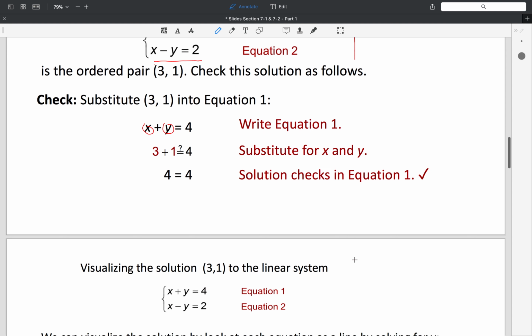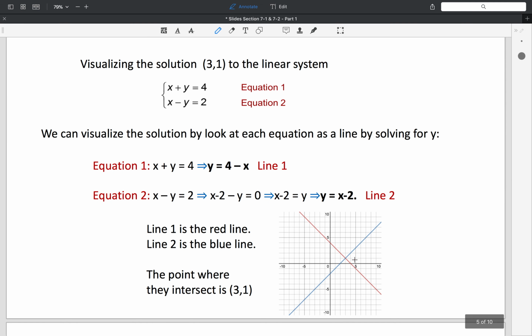Oops, sorry about that. So, to continue with this, I want to show what this looks like visually, and how do we know that we have only one solution? Well, again, we saw before that I could solve each of these equations and turn them into lines. So with equation 1, we get that, which we did earlier, and for equation 2, we get this. These are two lines, and I graph them.